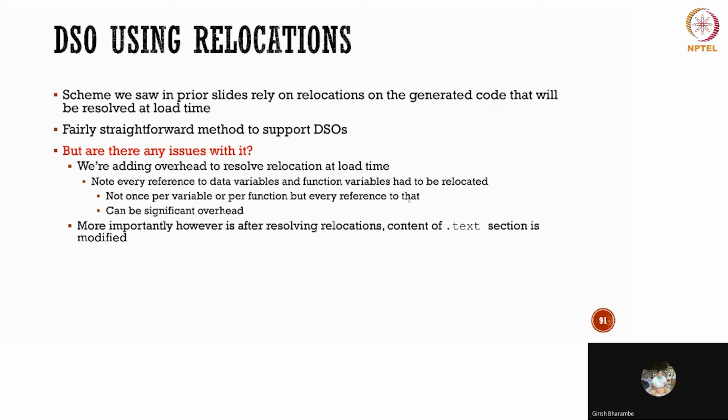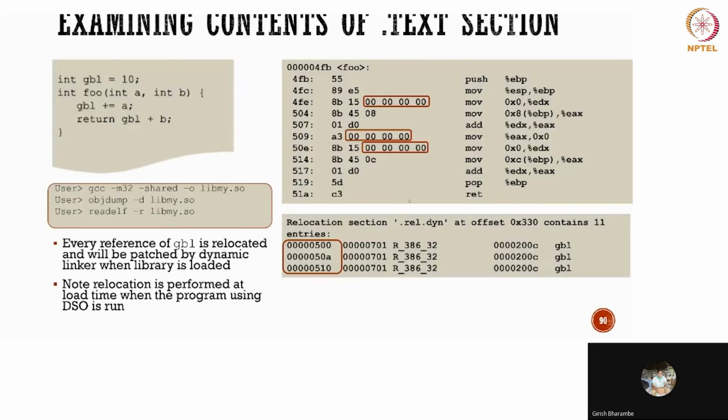So let's say this is a shared library and I'm trying to use it in my process P1. Process P1 runs and the shared library starts at address, let's say, 500. That means the address of GBL might be somewhere between 500 and 500 plus the size of the shared library's data segment.